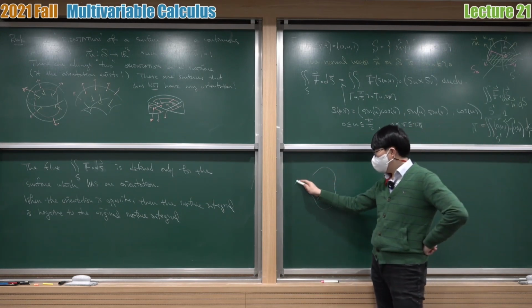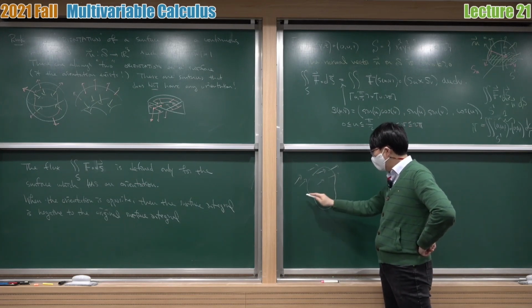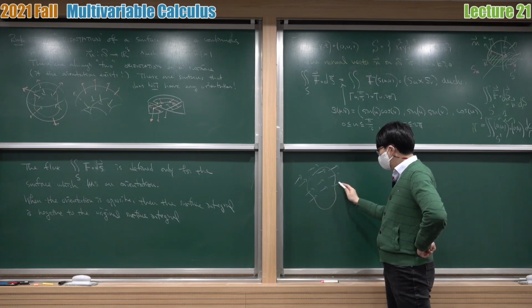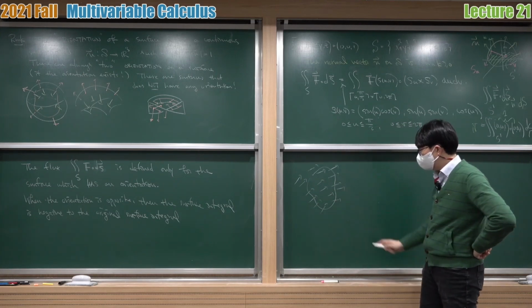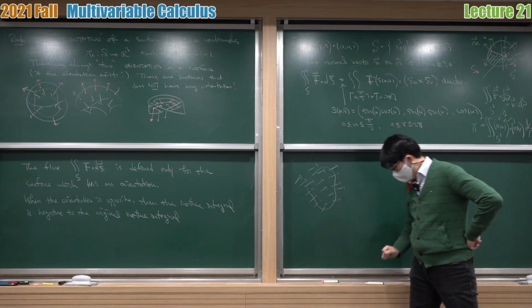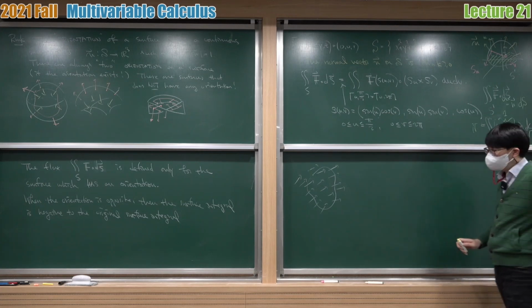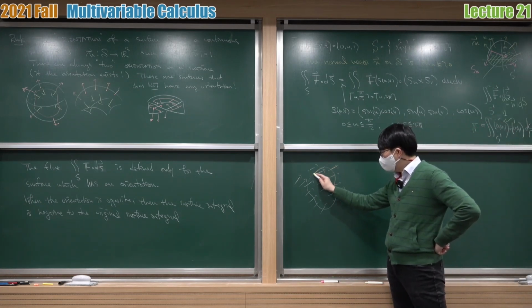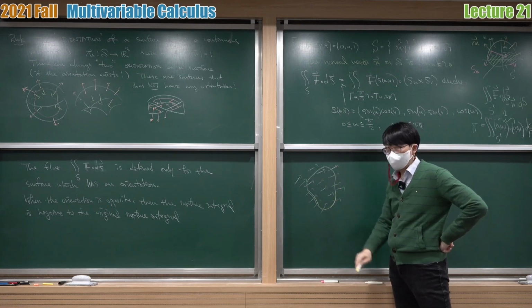And we have a vector field defined on a surface, defined on a plane. And this plane contains this entire curve. Okay, what happens when I take the flux across this closed curve of this vector field?